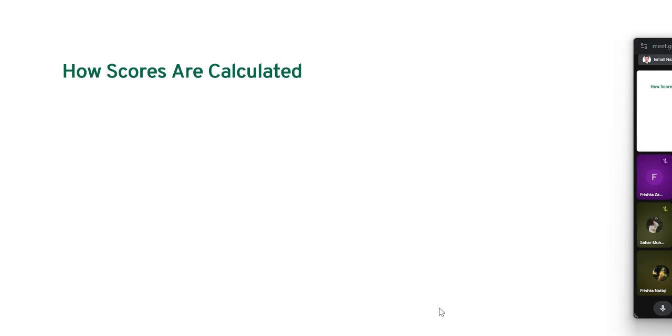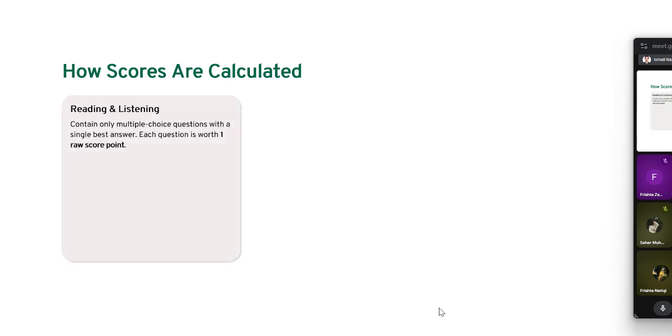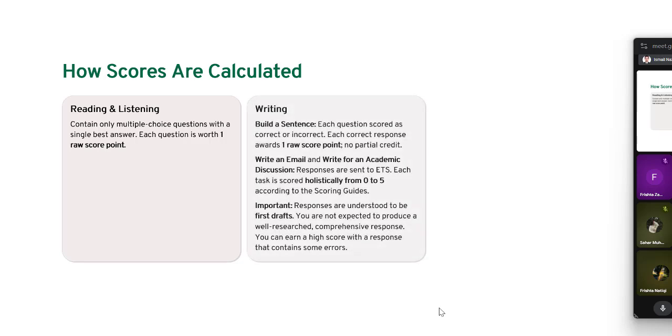The next is how scores are evaluated in reading and listening. So they're based on multiple choice questions with a single best answer, and each one will have 1 point raw score. In writing, each question is scored as correct or incorrect, which was build a sentence, and I mentioned that there's no partial credit.